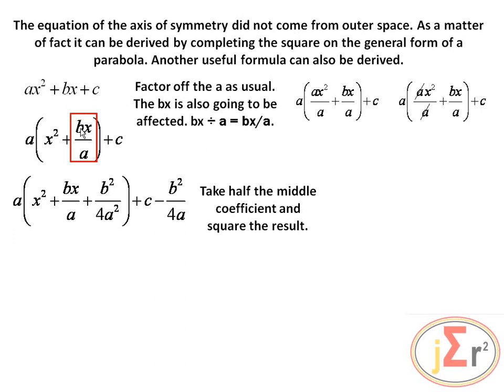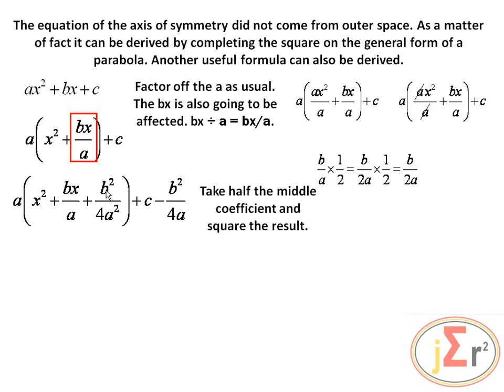The middle coefficient is bx over a. Now let us put that under the microscope also. So b over a, half of it means multiply by a half. We get b multiplied by 1 is b, and a multiplied by 2 is 2a. So we have b over 2a, and we are going to square that.